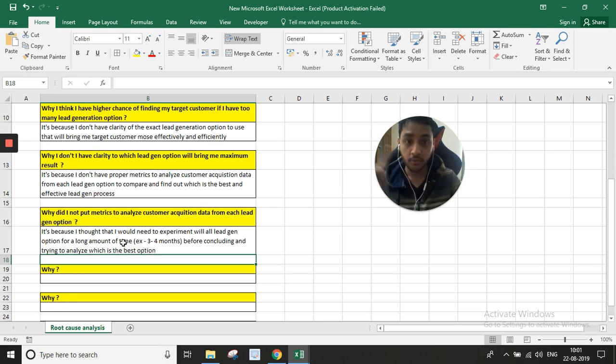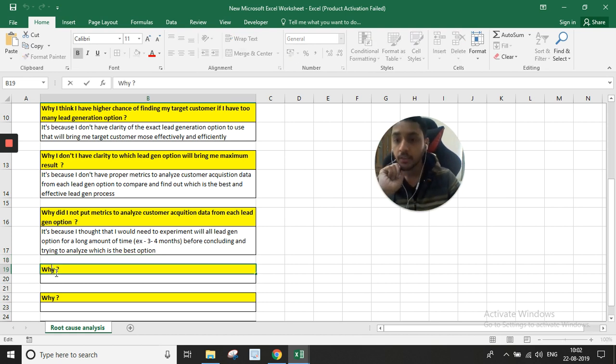That is the reason I did not put metrics in the first place, because I thought I could not get a proper amount of data when starting off with lead gen options. Let's experiment for 3 to 4 months. After that, when I have a reasonable amount of data, I'll put the metrics in then.